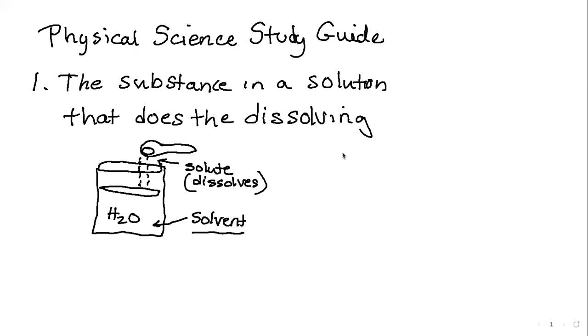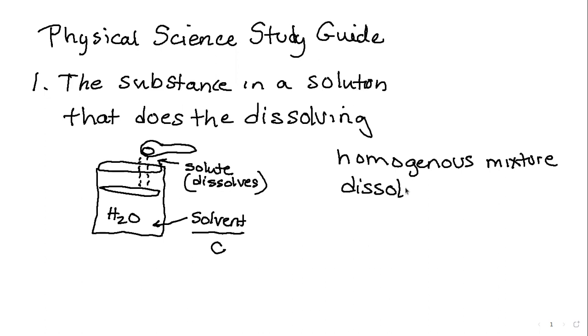Okay, the next one under there is a homogeneous mixture. And the solvent is C. A homogeneous mixture made by dissolving one substance in another.